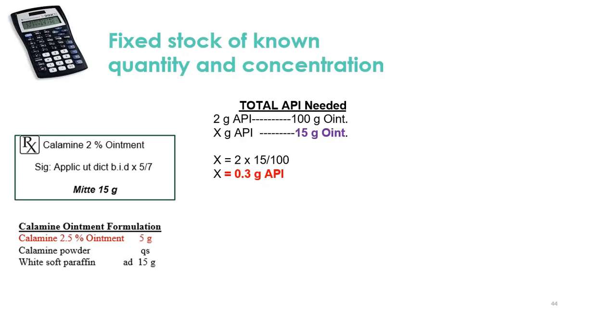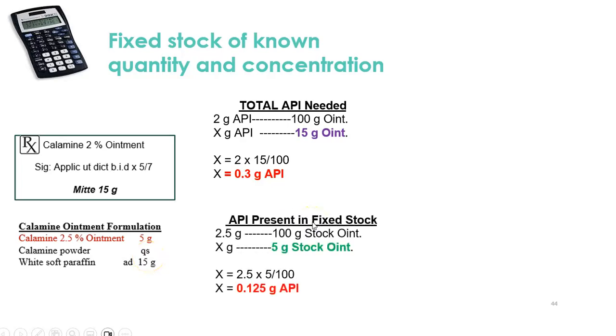So let's look at it. The prescription asks for 2% and 15 grams of ointment. So we need 0.3 grams of calamine. But this 0.3 grams is coming from two places: the stock ointment, which is fixed, and the pure powder, which is designated as 100%.